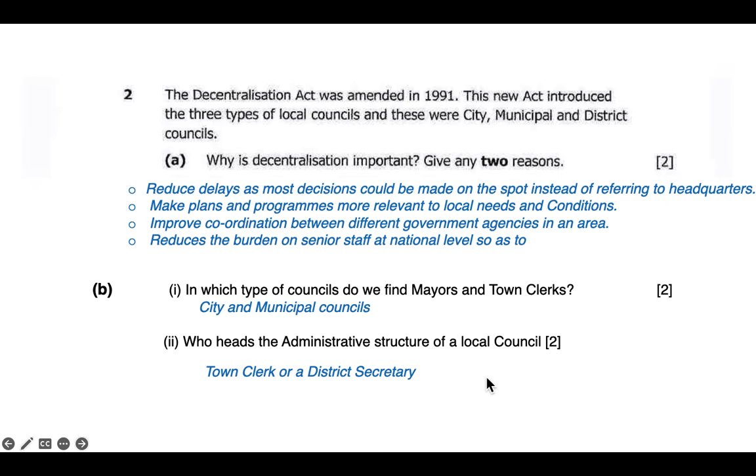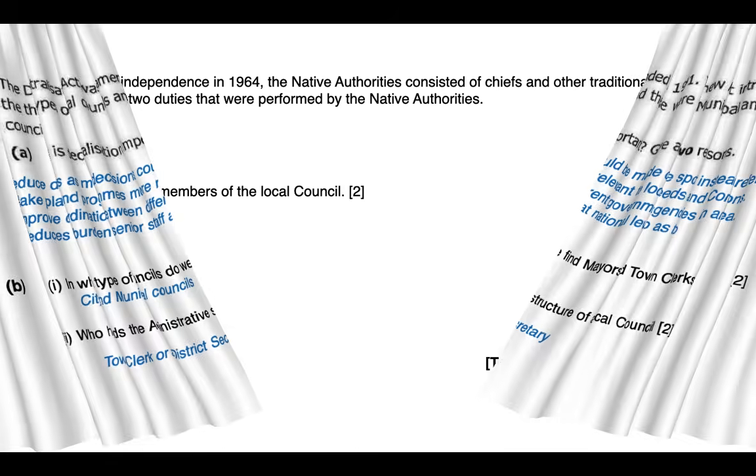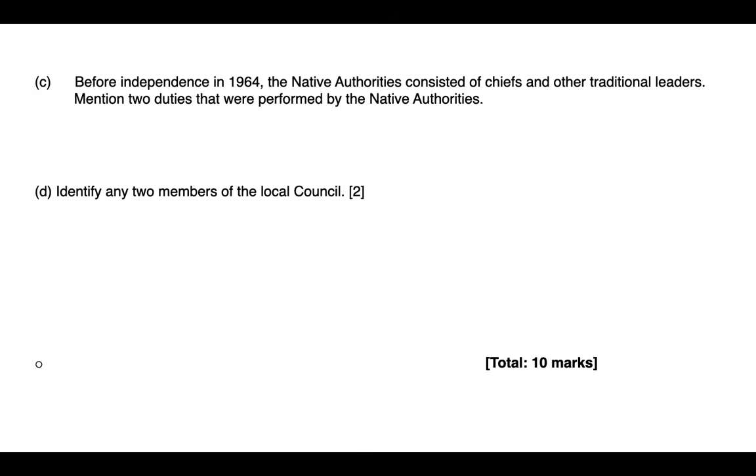So we go to the other question, question C. Before independence in 1964, the native authorities consisted of a chief and other traditional leaders. Mention 2 duties that were performed by the native authority. They were collecting tax, like poll tax and hut tax.